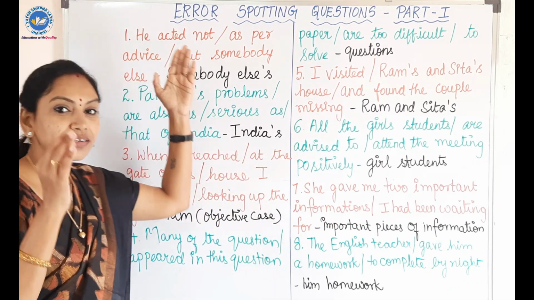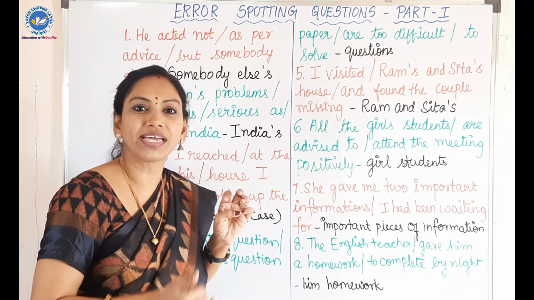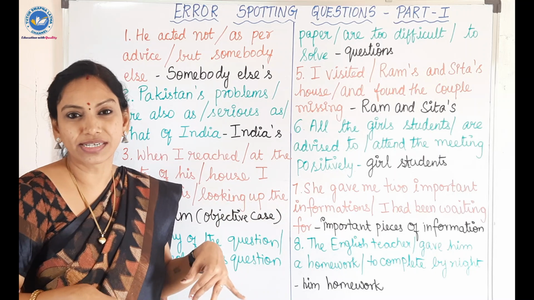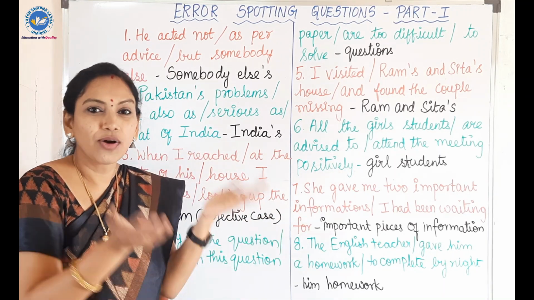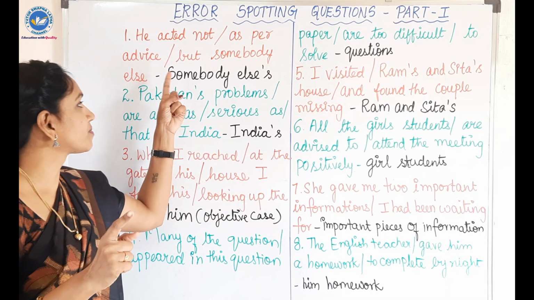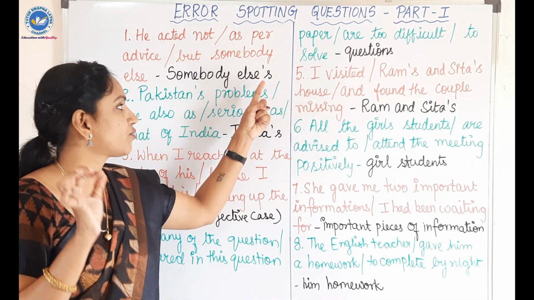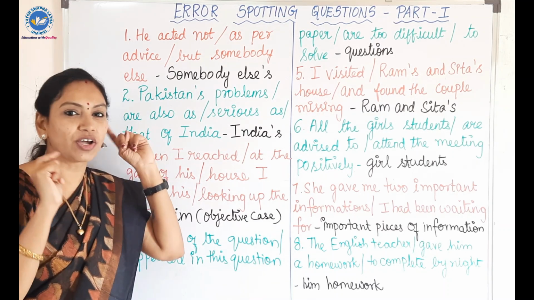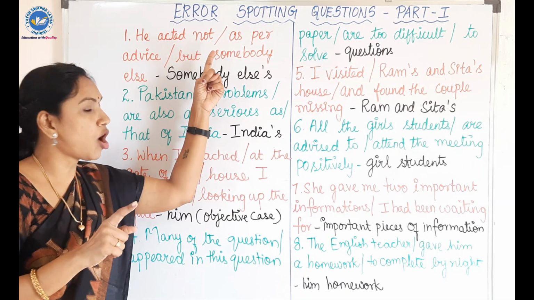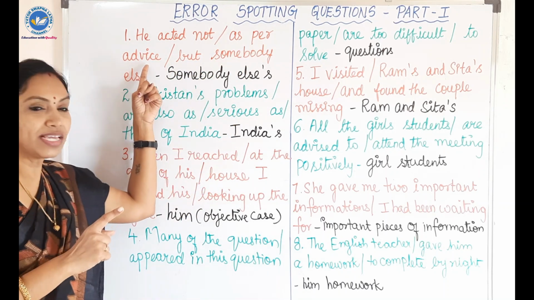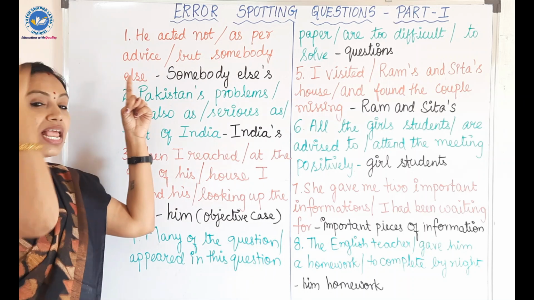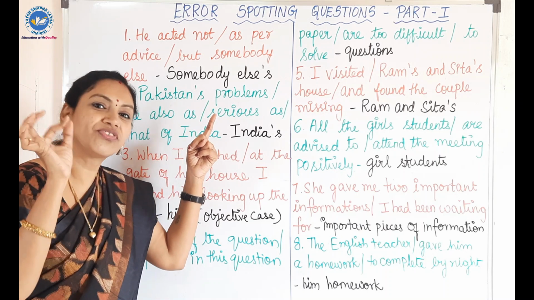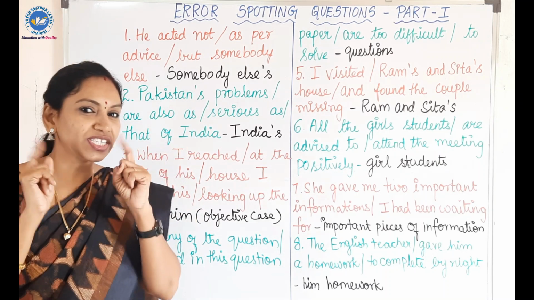In such a case, you will use somebody else with apostrophe S. Again I will repeat, if you want, you can take it down: He acted not as per advice, but somebody else advice. So the answer will be somebody else apostrophe S. This is the first question.